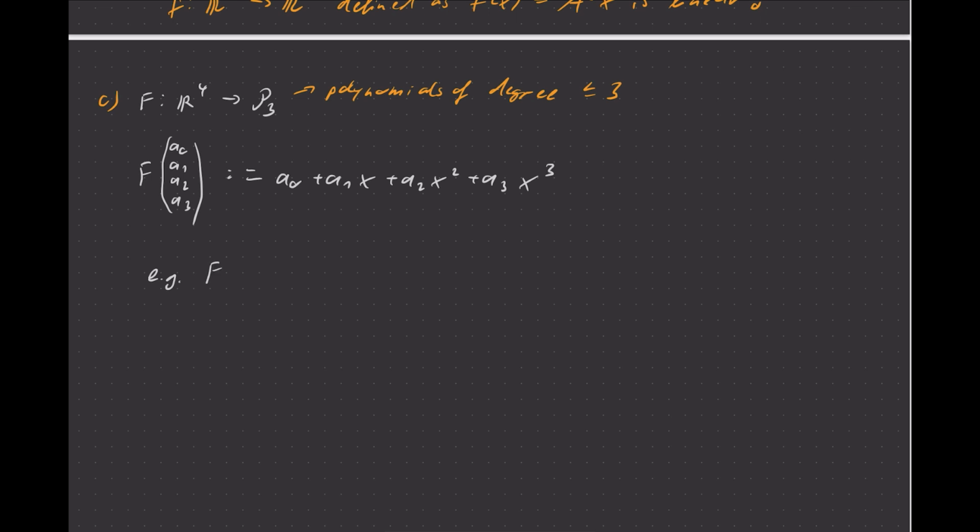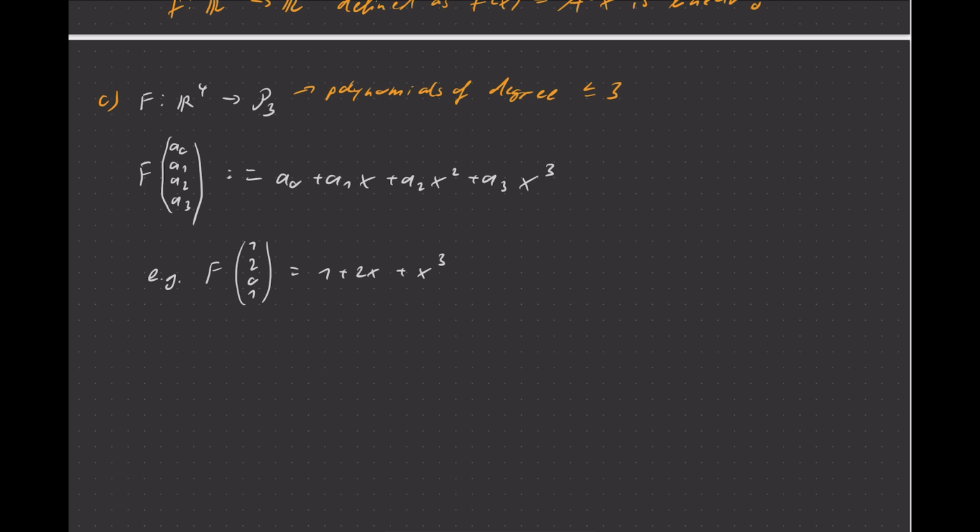So for example, f of (1, 2, 0, 1) would be the polynomial 1 plus 2x plus x to the third. No x squared, so x squared is associated with a 0 here. So basically that's the mapping that works on the coefficient space, if you want to say that.